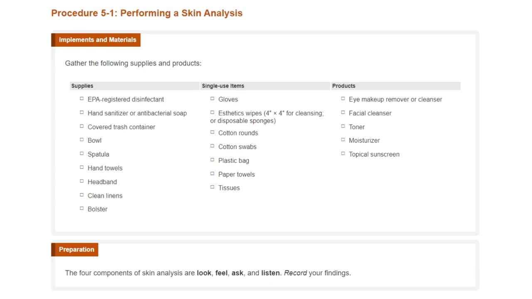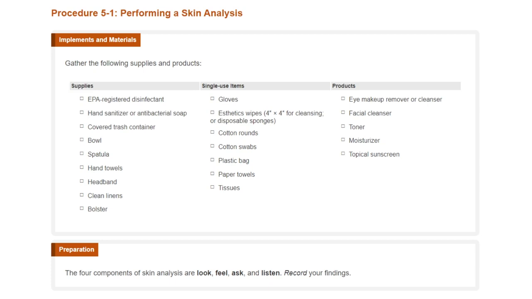Gloves. Esthetics wipes 4x4 for cleansing, or disposable sponges. Cotton rounds. Cotton swabs. Plastic bag. Paper towels. Tissues. Products. Eye makeup remover or cleanser. Facial cleanser. Toner. Moisturizer. Topical sunscreen.